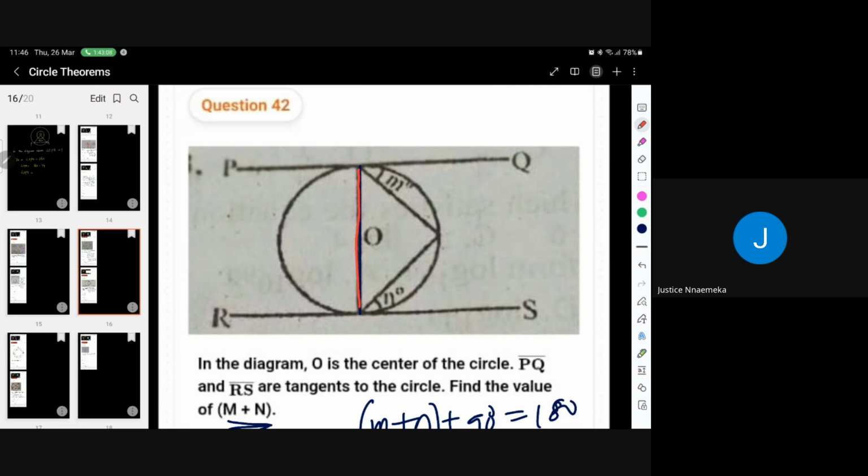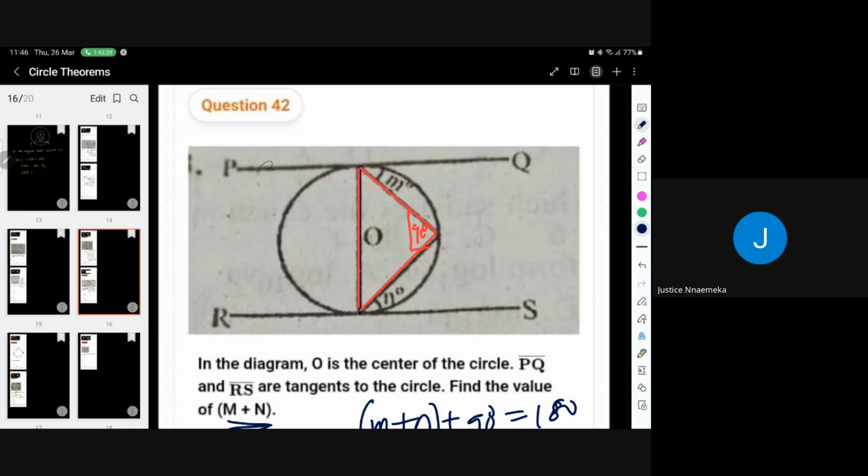This chord is a diameter, so any angle formed by a diameter is 90 degrees. So we agree that here is 90 degrees based on the angle in a semicircle.